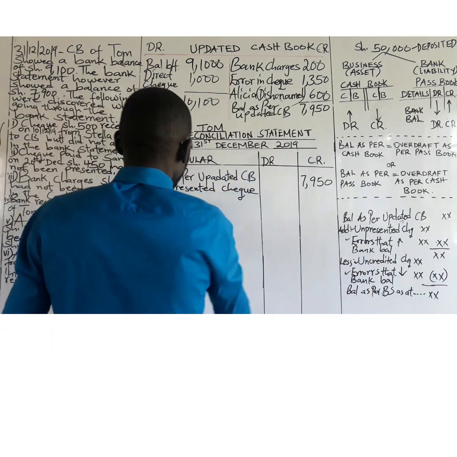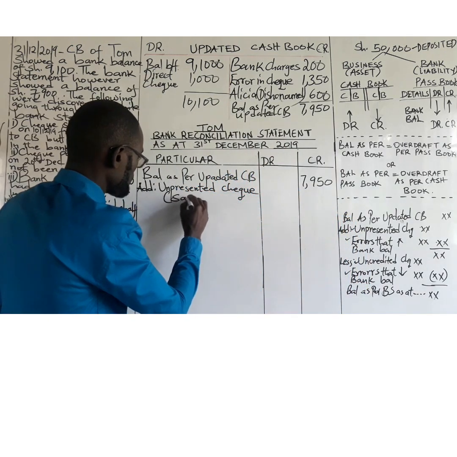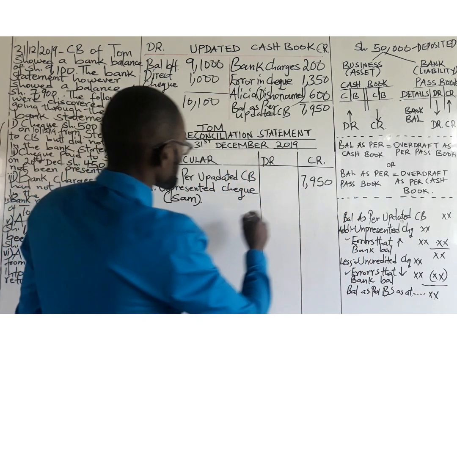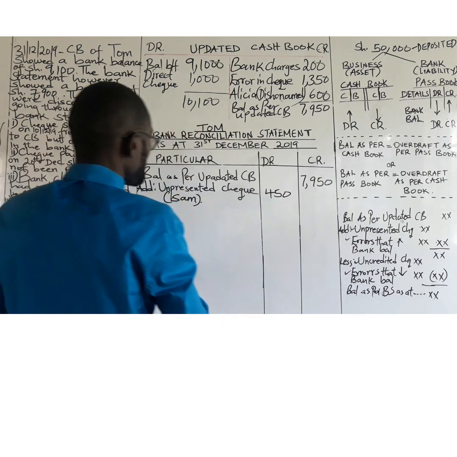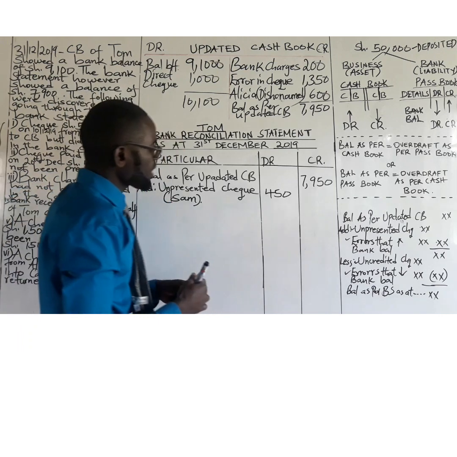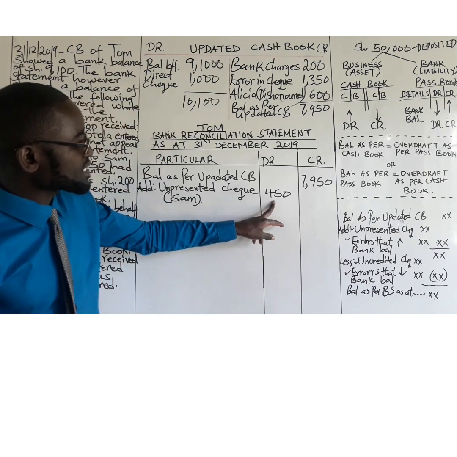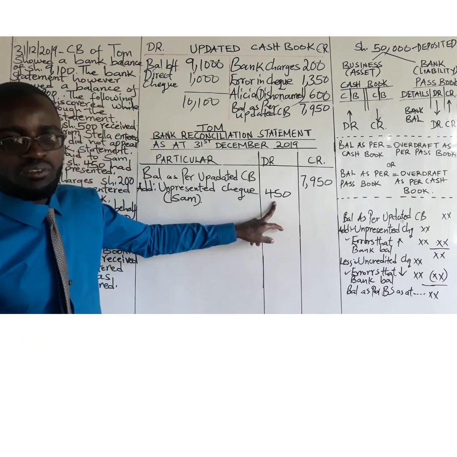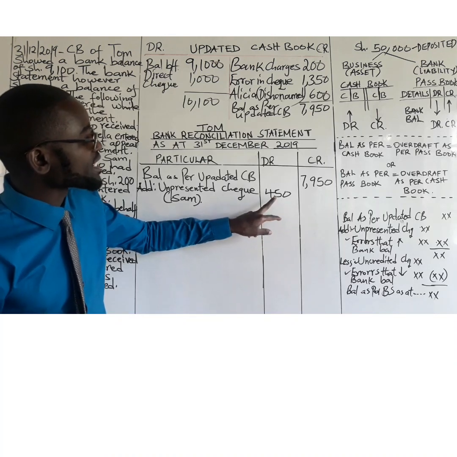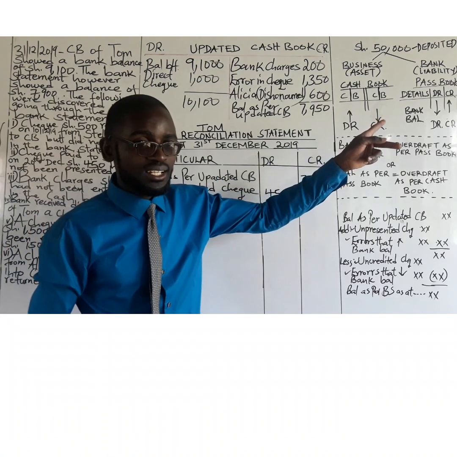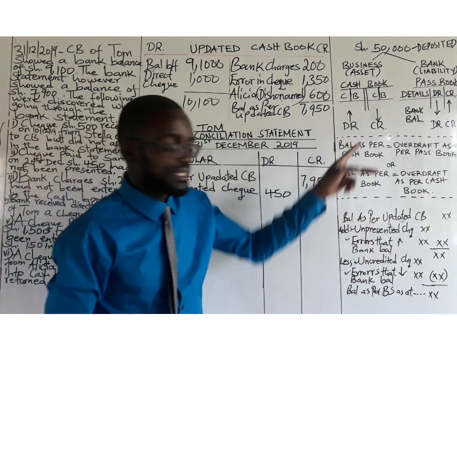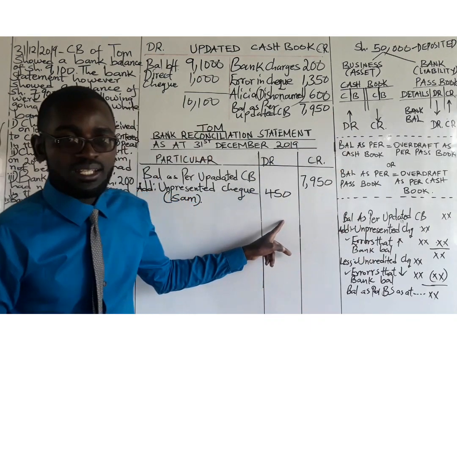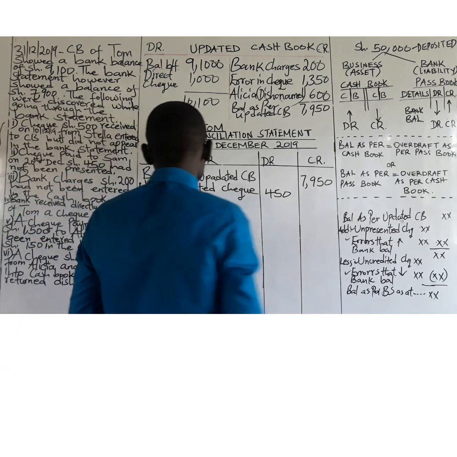So we have a check from Sum. We are supposed to add that value of 50 shillings. And why is it a debit? Because it still forms part of a decrease in liability upon payment of that check. A decrease in liability to the bank. That is why we debit that check for 50.